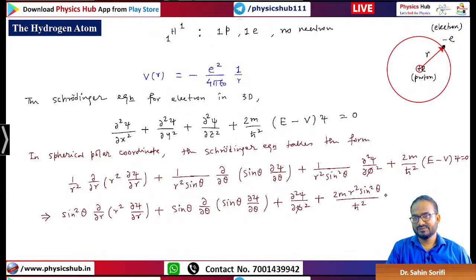Now you see it is E minus V, where V is equal to minus e square by 4 pi epsilon naught r, so minus minus is plus, so e square by 4 pi epsilon naught r times psi is equal to 0.